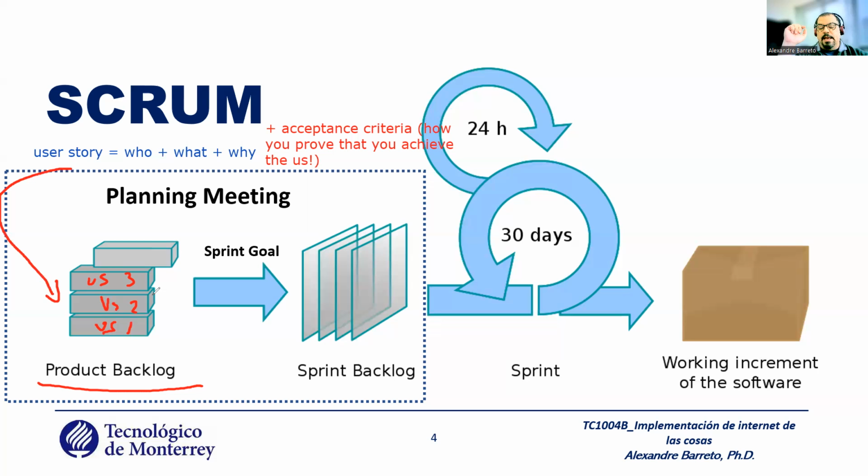Sometimes, to accomplish this sprint goal, you need to finalize, for example, 1 or 2 or 3 user stories.